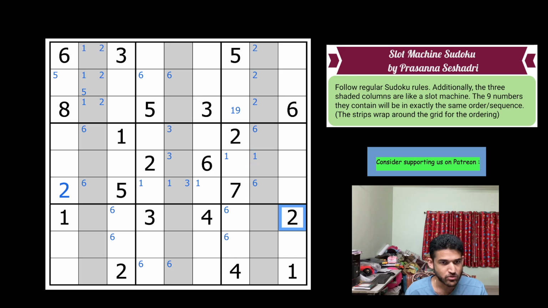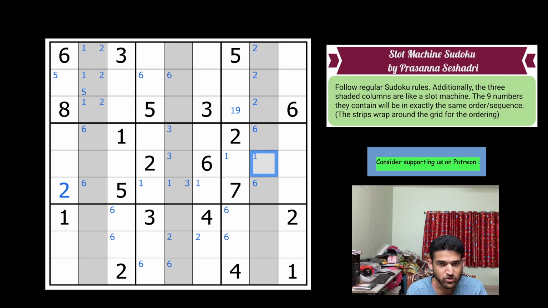And 2 in this row must be in one of these 2 cells in row 8. Oh, that's nice, guys. Very tough to see.